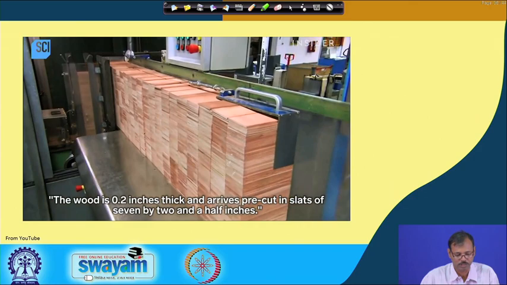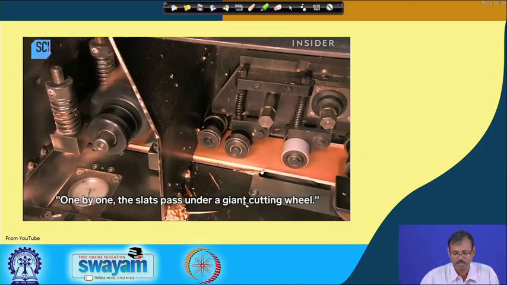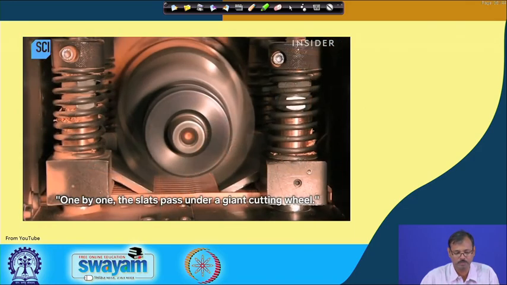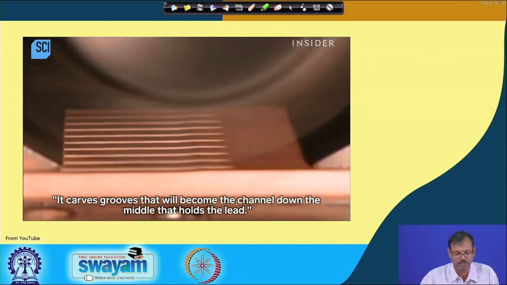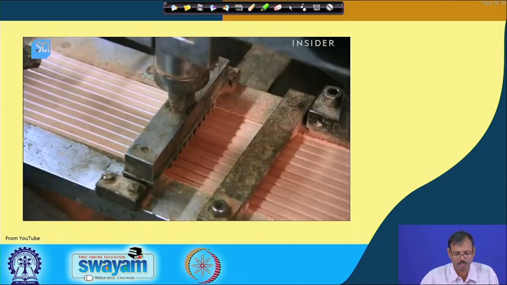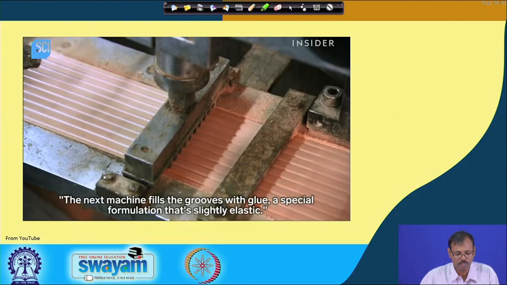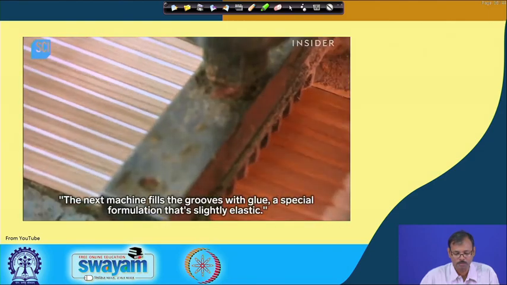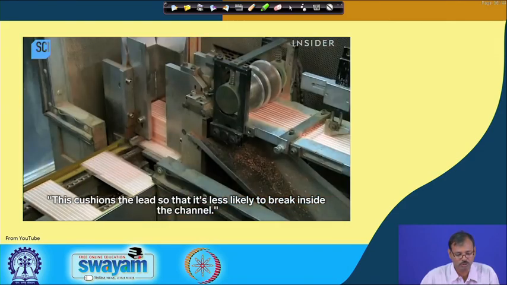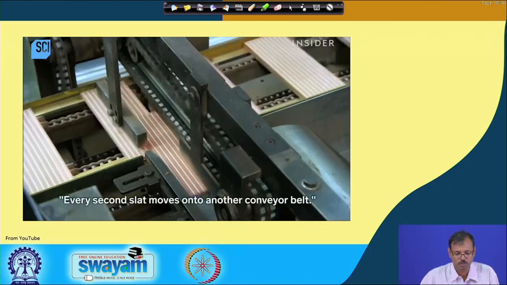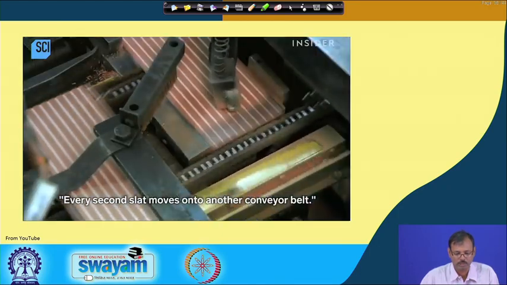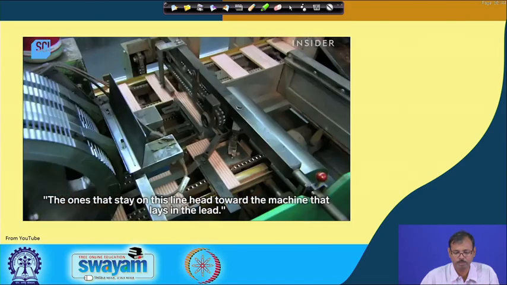You see 0.2 inch thick wood pieces are cut here. They are polished. Then the grooves are made into that wood piece. Then the glue is filled in those grooves. After placing the glue, the lead which is already manufactured will be placed on that.